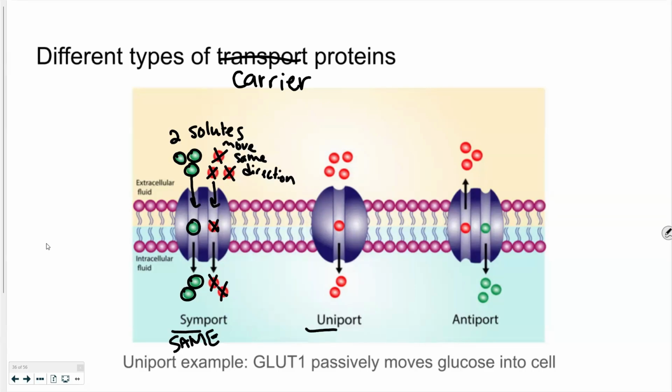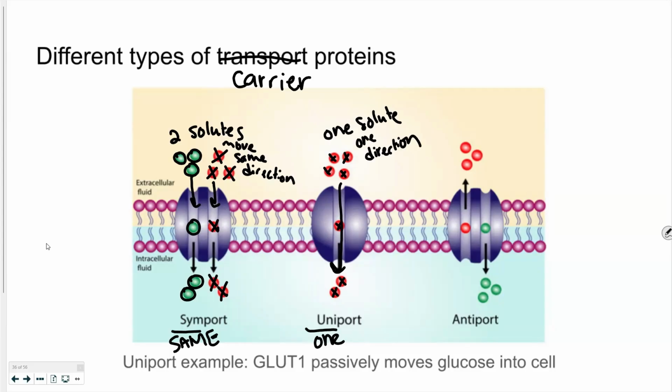We might have a uniport. Uni means one. Where we have one solute moving through, because we only have one solute. There can only be one direction.